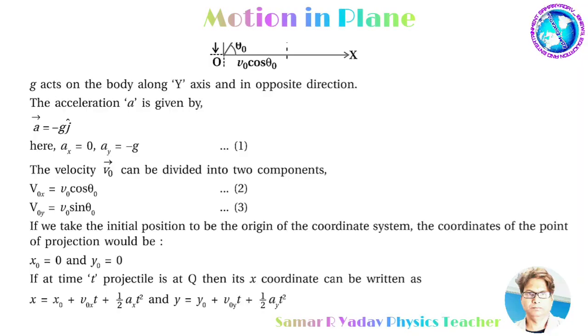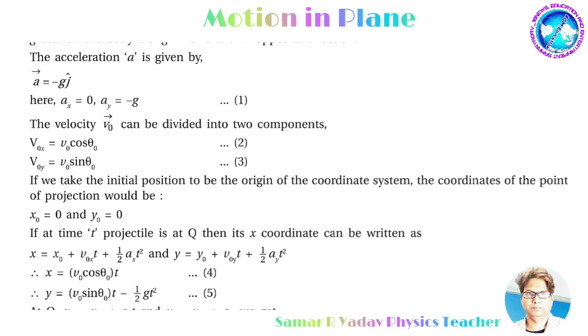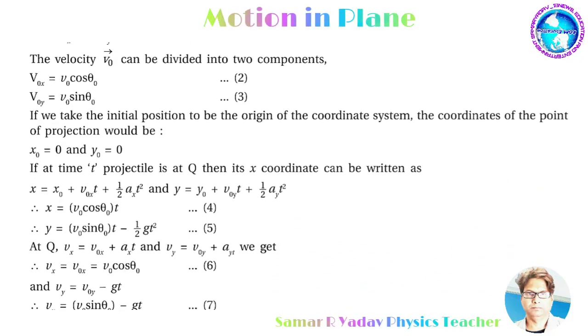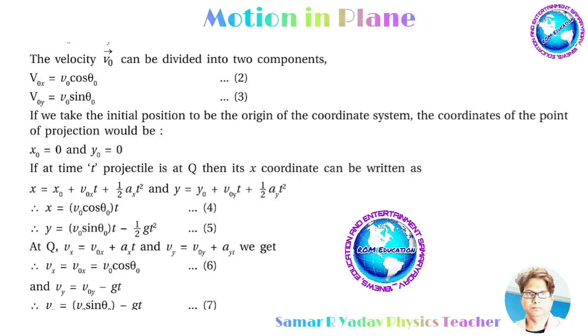If we take the initial position to be the origin of the coordinate system, the coordinates of the point of projection would be x0 is equal to 0 and y0 is equal to 0. If at time t the projectile is at Q, then its x component can be written as x is equal to x0 plus v0x into t plus 1/2 ax t square, and y is equal to y0 plus v0y t plus 1/2 ay t square.